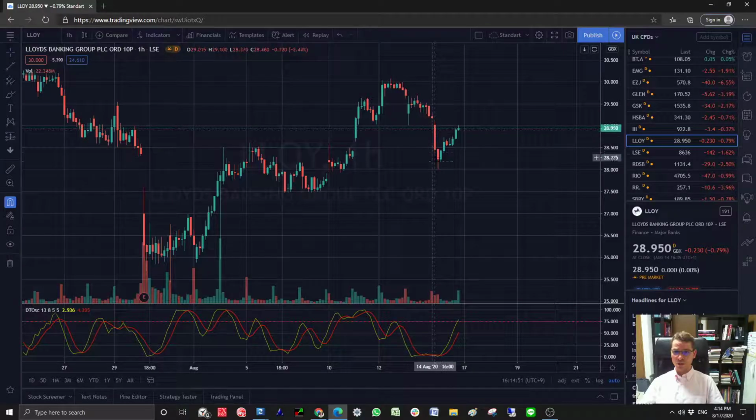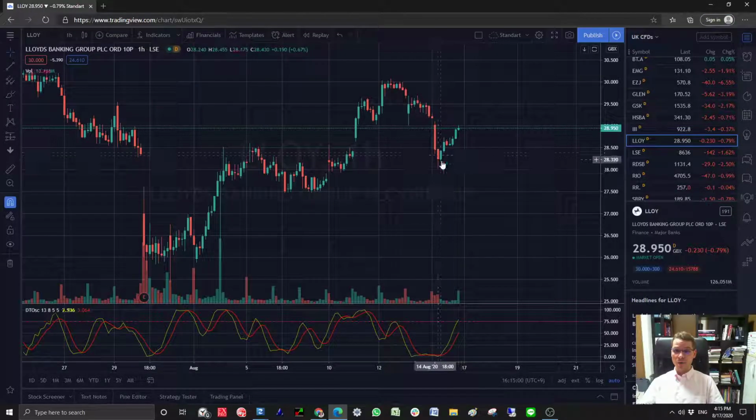A correction, and then the momentum turns around, and then most likely an engulfing candlestick pattern happening, showing me the reversal is real, and in this case the bulls took over and the market pushing higher.